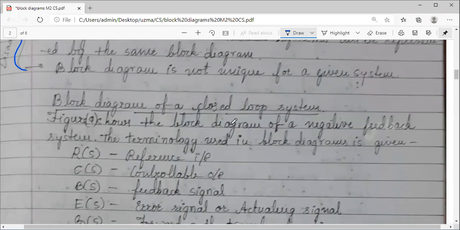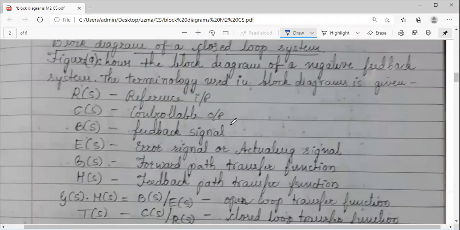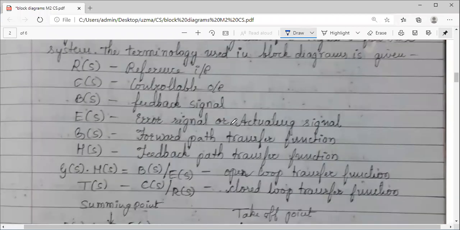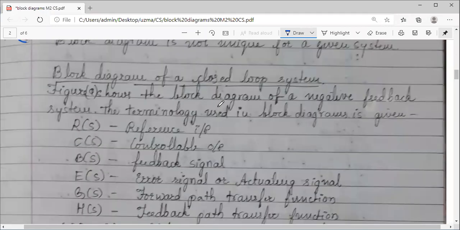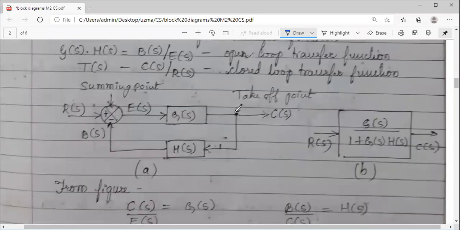So the main difference between the open loop and closed loop is feedback. There will be no feedback in an open loop system, and in a closed loop system we will have a feedback. You can see here a kind of feedback exists. And in this closed loop, the feedback can be a positive feedback as well as a negative feedback. Now we are looking very specifically at the negative feedback.